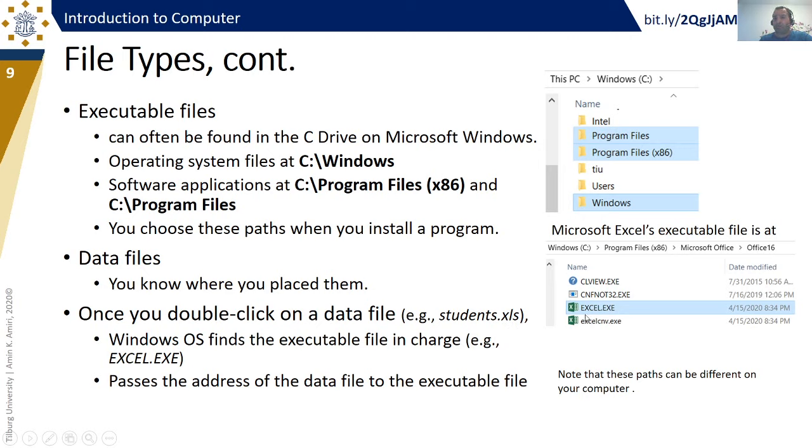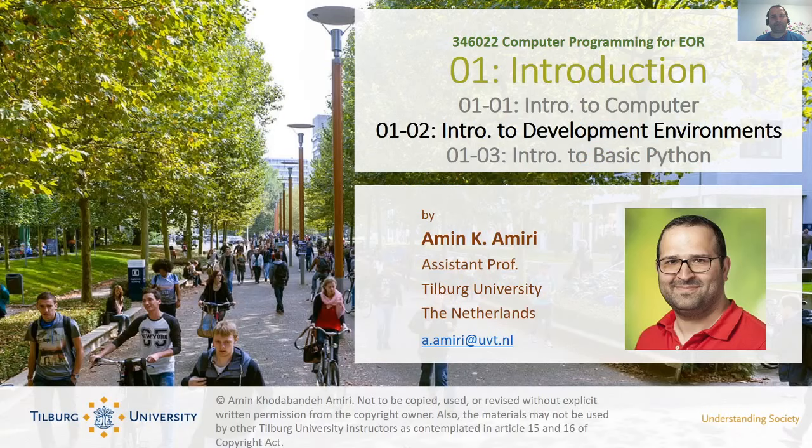On my computer, that's excel.exe, which is stored in this path. Then it passes the address of students.xls to this file, and from that point this program is in charge of handling my commands. Note that these paths can be different on your computer.